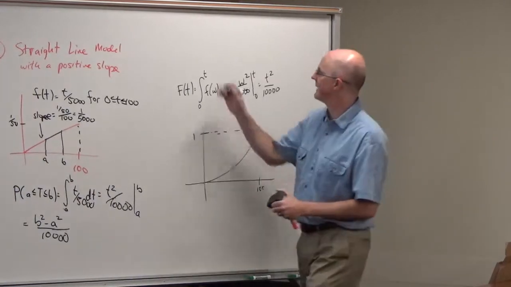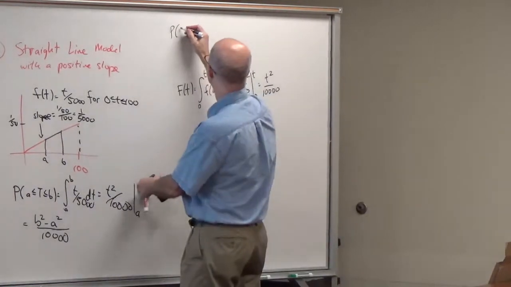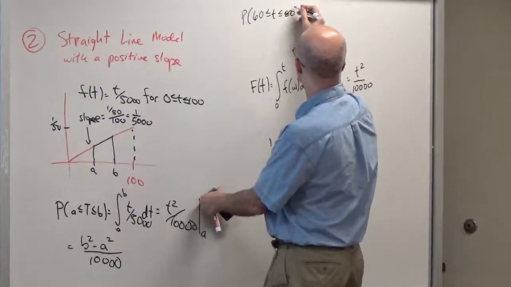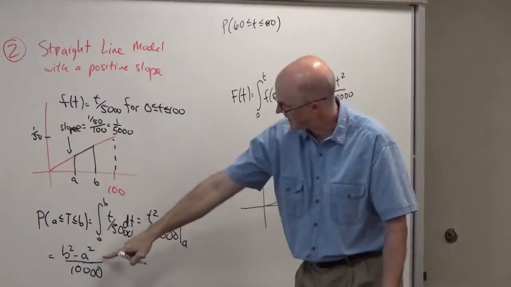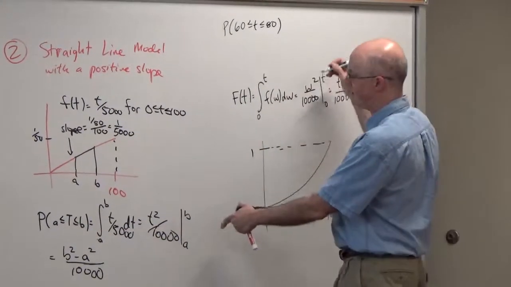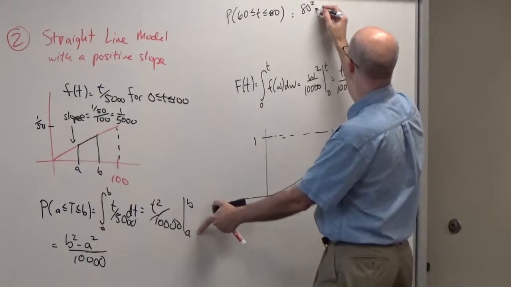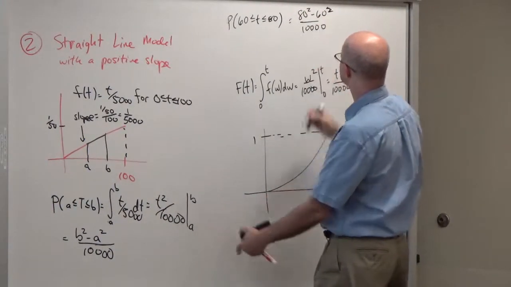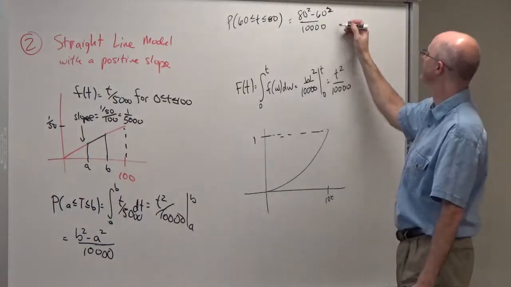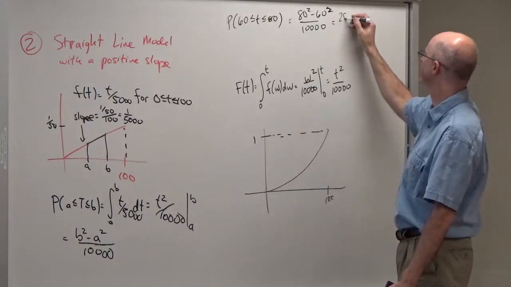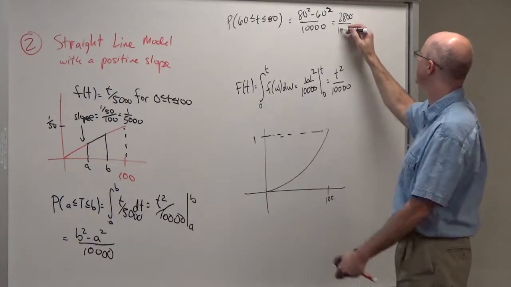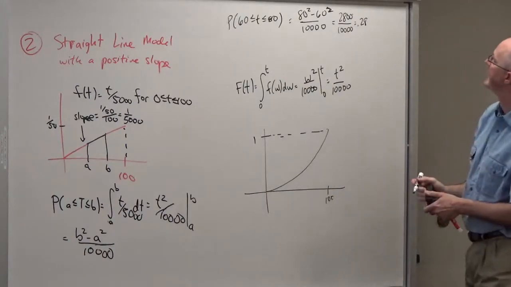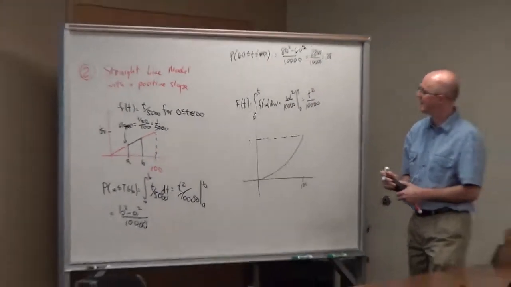So what's the probability that somebody's going to die between the ages of, say, 60 and 80 here? You can plug 60 in for A and 80 in for B. Get 80 squared minus 60 squared over 10,000. Simplify that. 6,400 minus 3,600 is 2,800, over 10,000, a 0.28 probability that they die between the ages of 60 and 80.